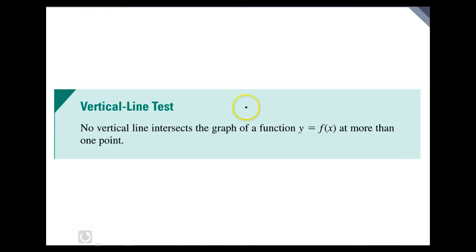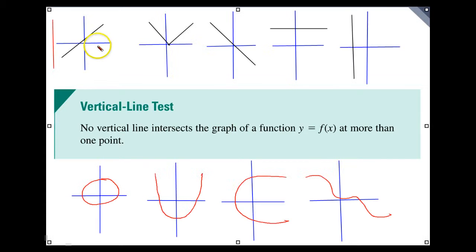They're not giving us a picture here, so let me pause and give you a picture. Now, in the vertical line test, this red line here, it's very thin. I'm going to move this vertical line over my graph that I've drawn here in black.